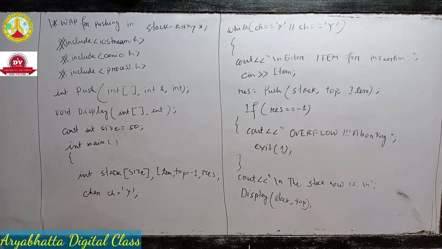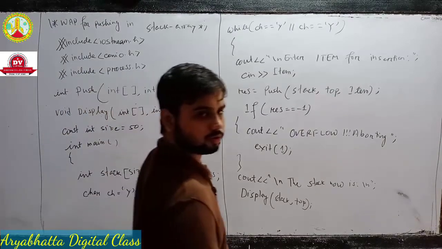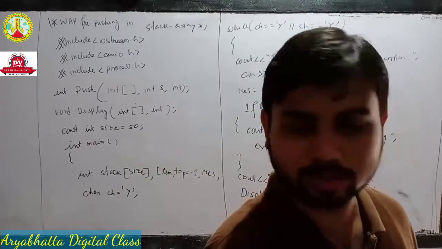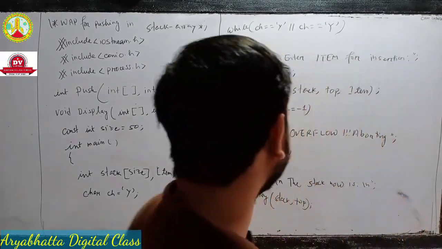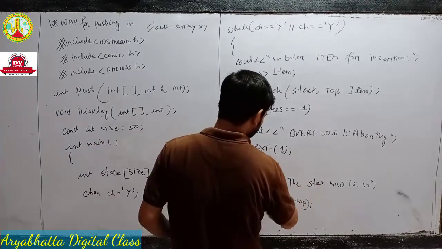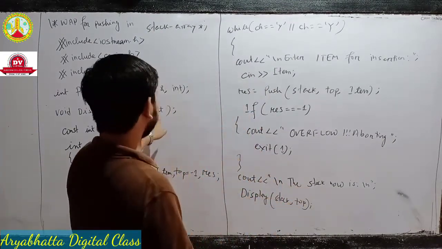Okay, this is the difference you just remember. When your top is equal to minus 1, your stack is empty, but when res is equal to minus 1, your stack is full, which means overflow, exit. Otherwise the stack is now displayed, and display the top.